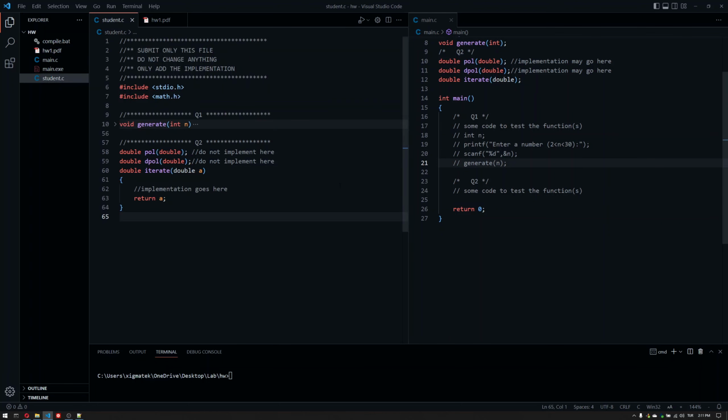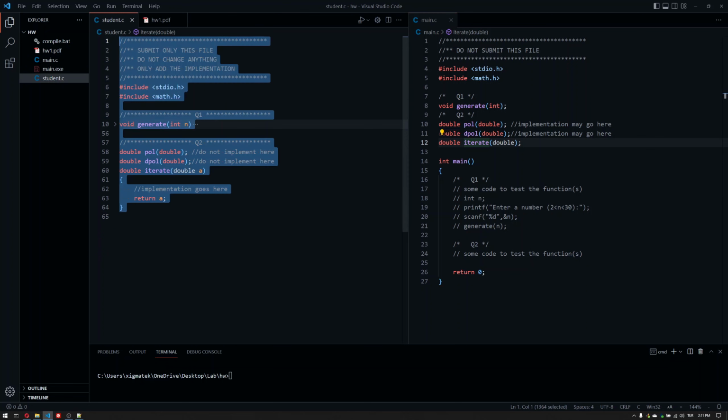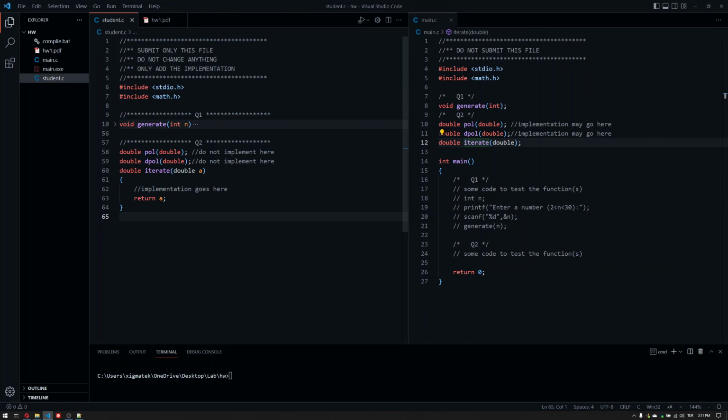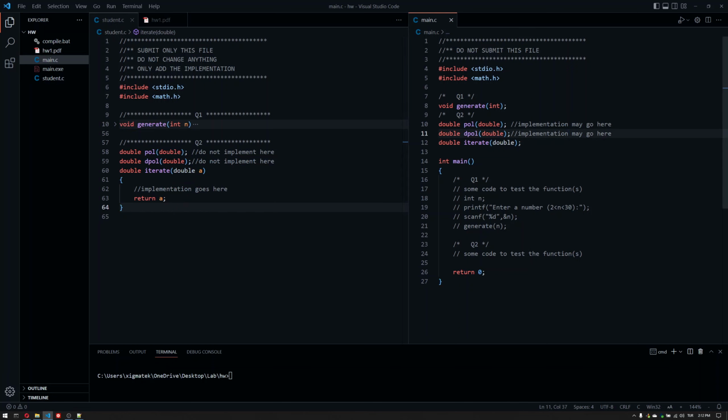So when we use this, let's assume this is the math library. The math library does not really care what the internals are, but the iterate function only cares about how to call them, or what the protocol is. If I provide a certain double value, I'll get a certain double value back. That's the most important thing for this file here. But here we can implement these functions and call this iterate function and see what the solution is going to be. So that's basically it.